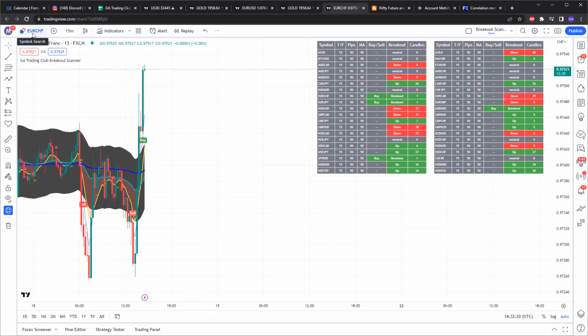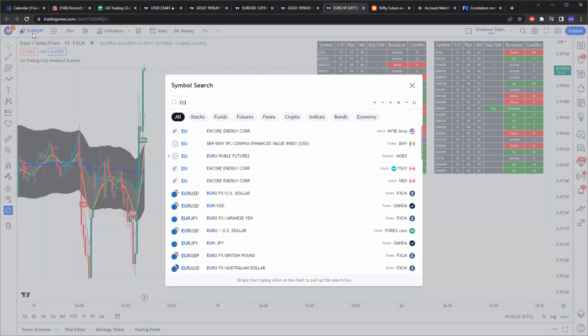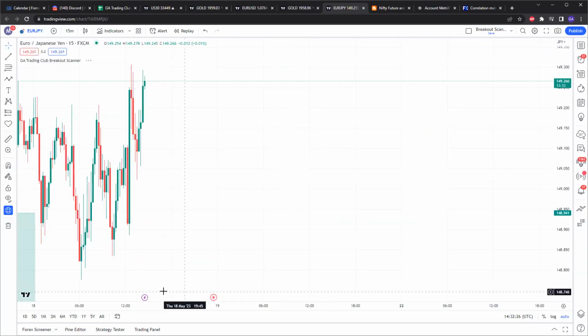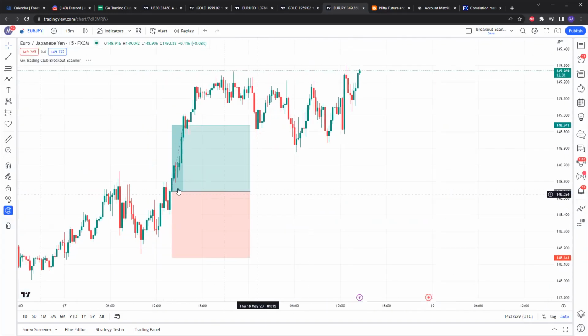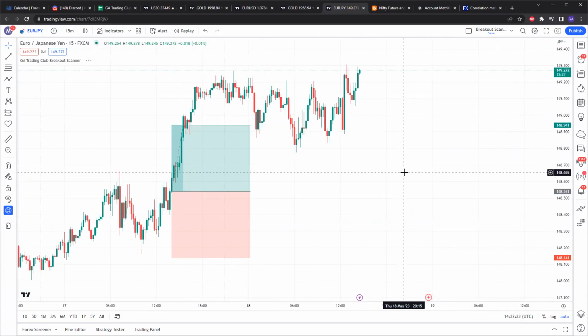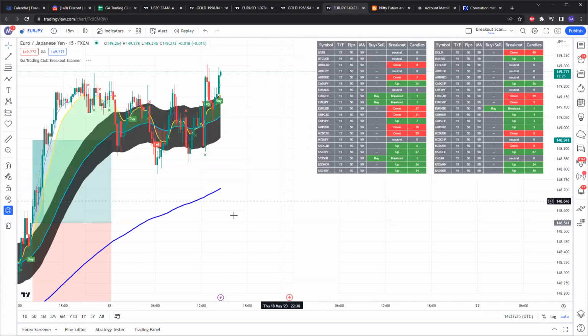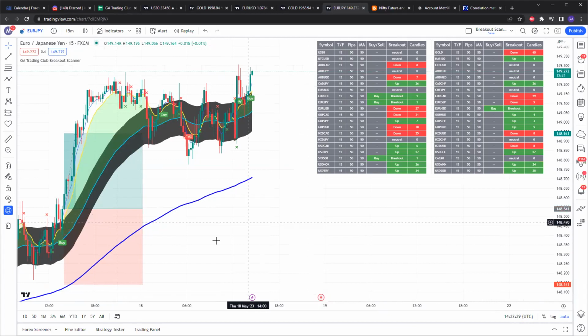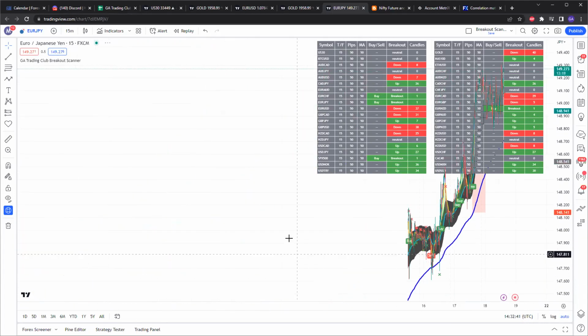Then I'll do Euro JPY. Same thing: see which of the two pairs gives you a good entry. Oh, yeah, I took this the other day, I think. I think it was a breakout. It went into TP. Yeah, I took this buy a while ago. So now Euro JPY, what do we see on Euro JPY?